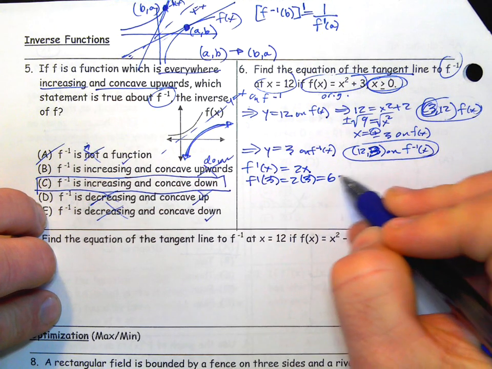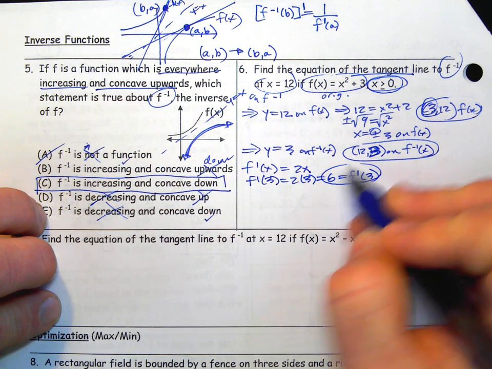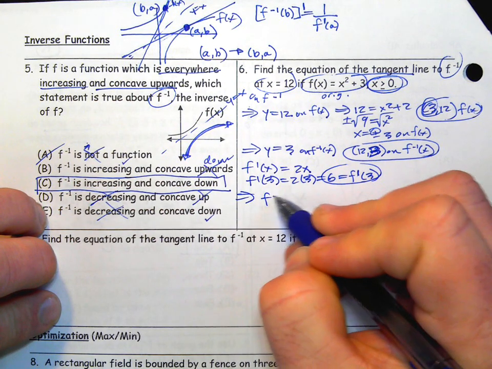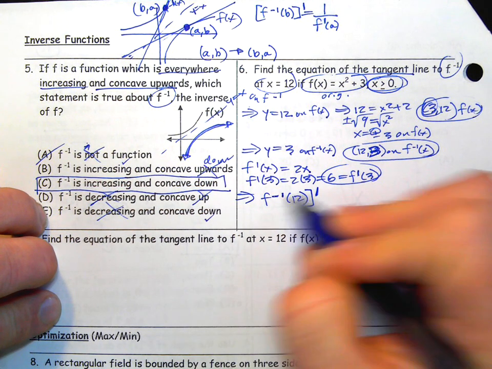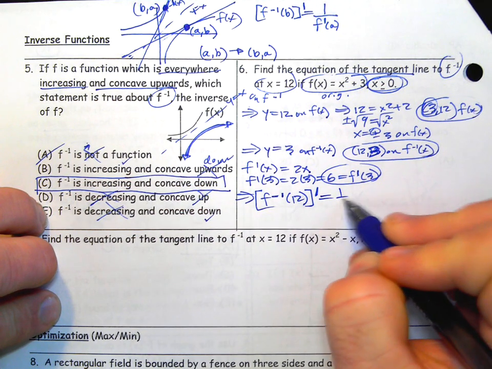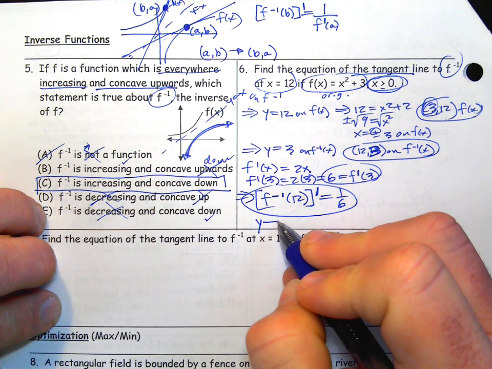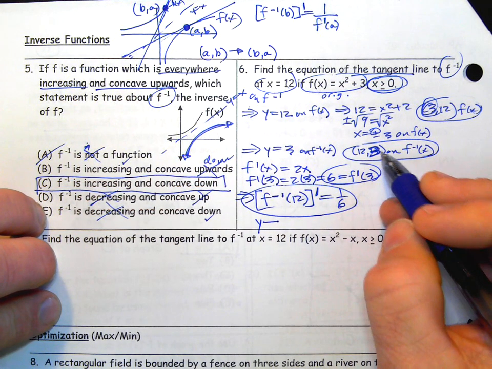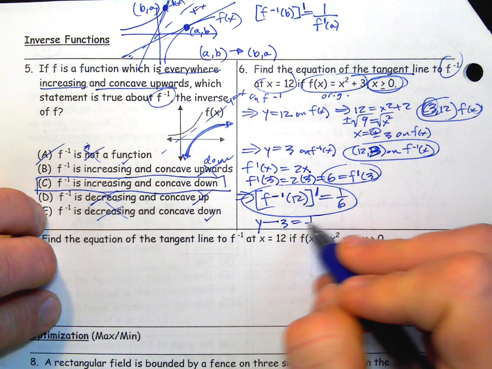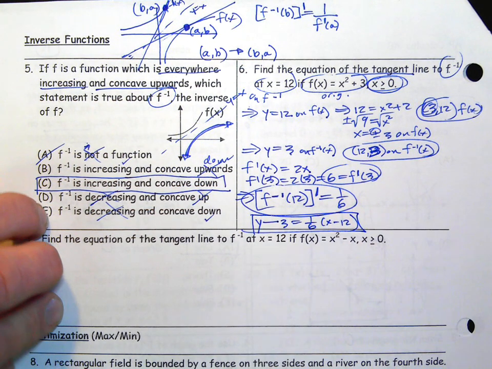This is the slope of the regular function, which means the slope of the inverse at 12 is the reciprocal of that. So that's the slope we want. And then we're going to write an equation of our tangent line: y minus, now use the point on the original function, not on the inverse function, y minus 3 equals 1/6 times x minus 12. Right?